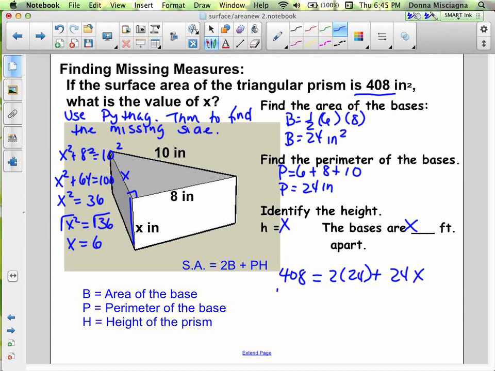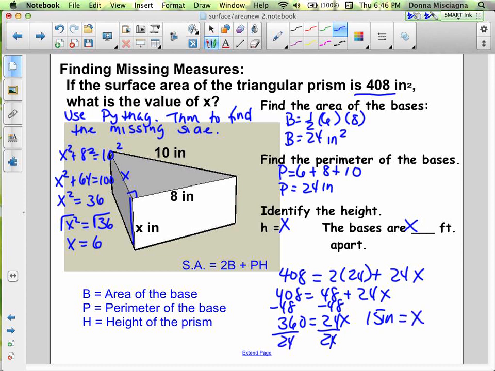Let's simplify. 408 equals 48 plus 24x. Let's subtract 48 from both sides. That's going to give us 360 equals 24x. And all we have to do is divide by 24, and that'll give us our missing height. So 15 inches is our height. And that's all there is to this problem.